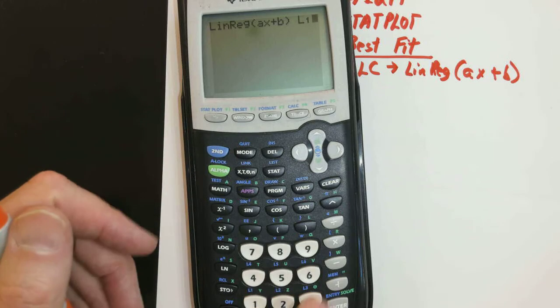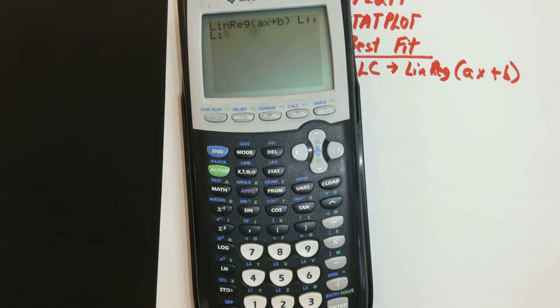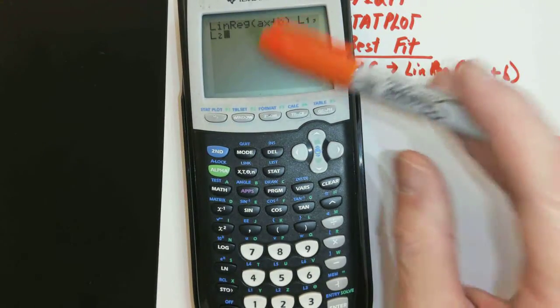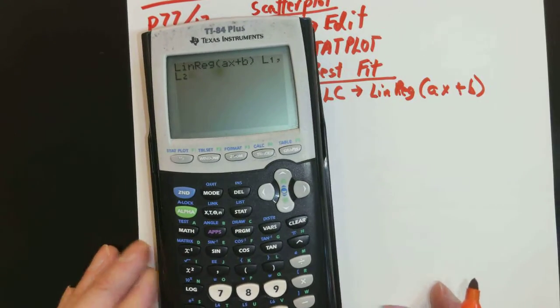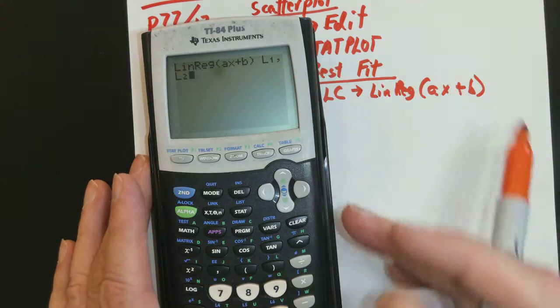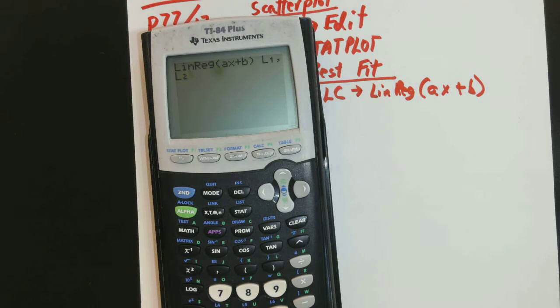I'll hit second L1 and then comma second L2. It doesn't tell me what to put in for x and y. I have to know those parameters. Okay? If you've got an older one like I do, you can do this.